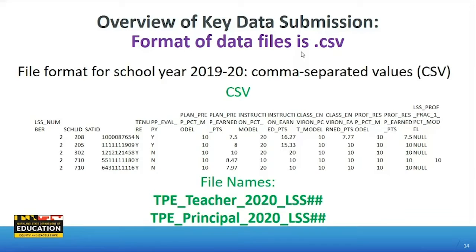So for example, using Baltimore County again, this would be TPE underscore teacher underscore 2020 underscore LSS 03 if it was the teacher data. Replace teacher with principal if it's the principal data. This is not required, but it would assist in identifying and organizing the submitted data.